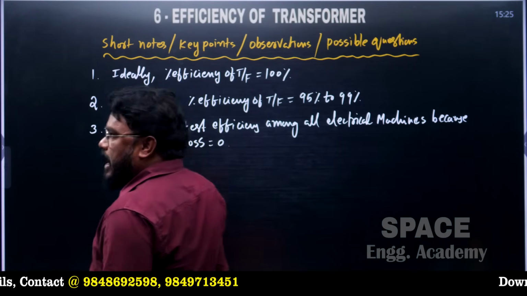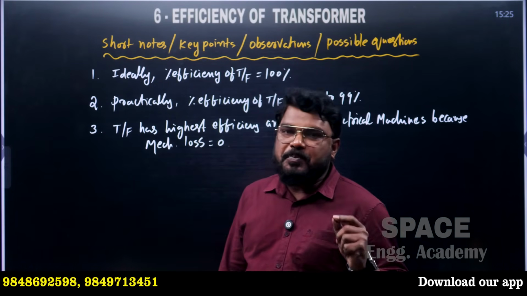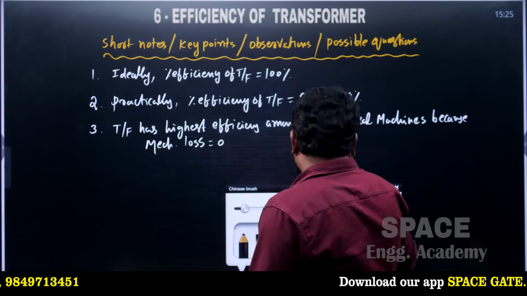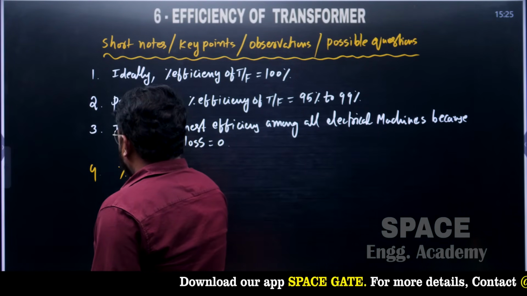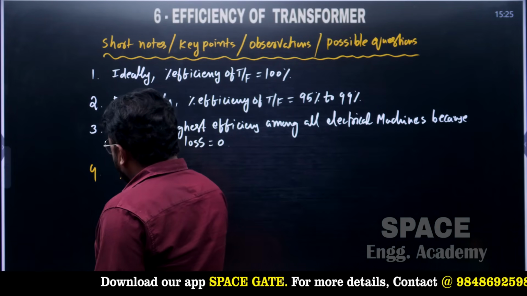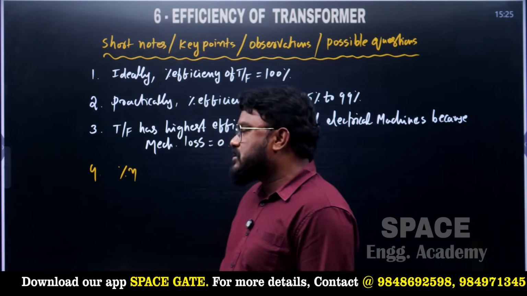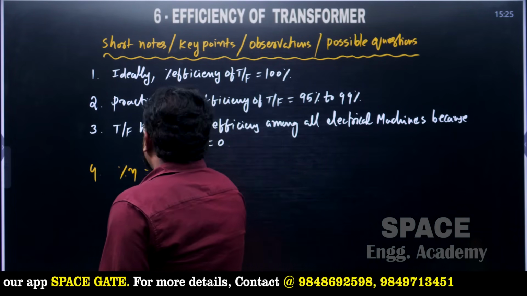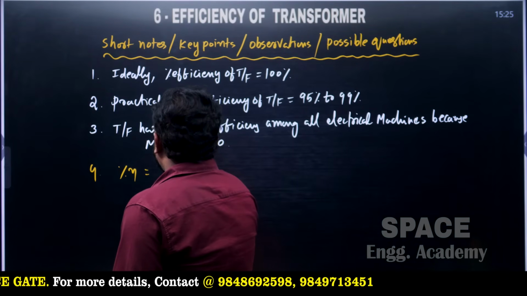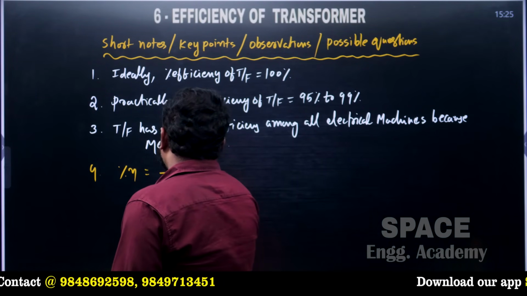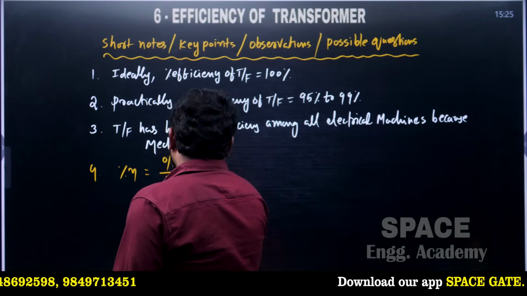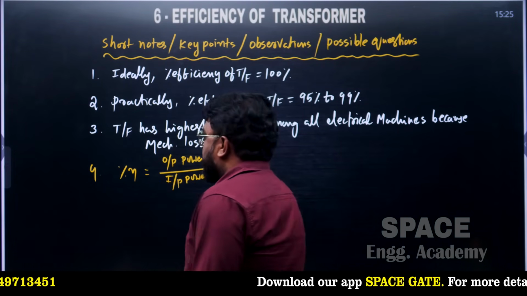Next, how do we calculate percentage efficiency of the transformer? Percentage efficiency is denoted by the eta symbol, and it is equal to output power divided by the input power of the transformer, multiplied by 100.